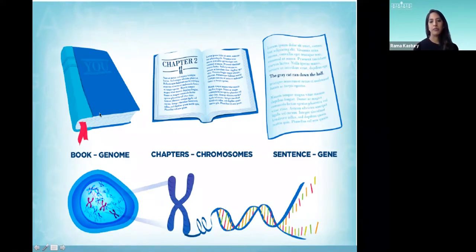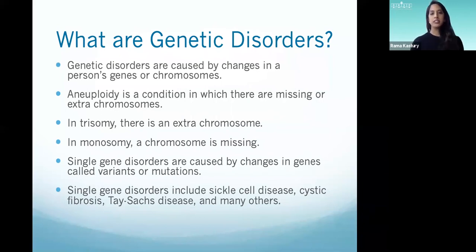Our textbook has 23 chapters, and we like to think of a chapter as a chromosome. Each chapter makes up its own little chromosome, and then a sentence equals a gene.